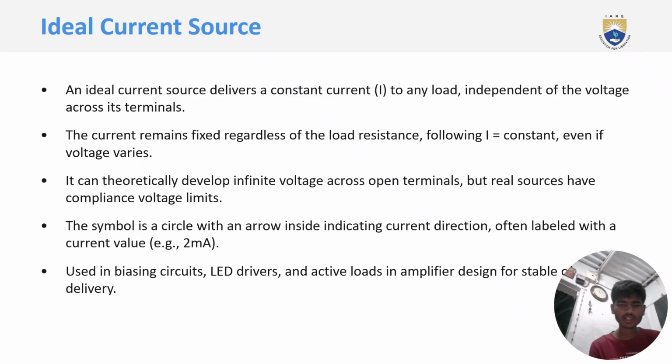It can theoretically develop infinite voltage across open terminals, but real sources have compliance voltage limits. The symbol is a circle with an arrow inside indicating current direction, often labeled with a current value, for example 2 milliamperes. Used in biasing circuits, LED drives, and active loads in amplifier design for stable delivery.